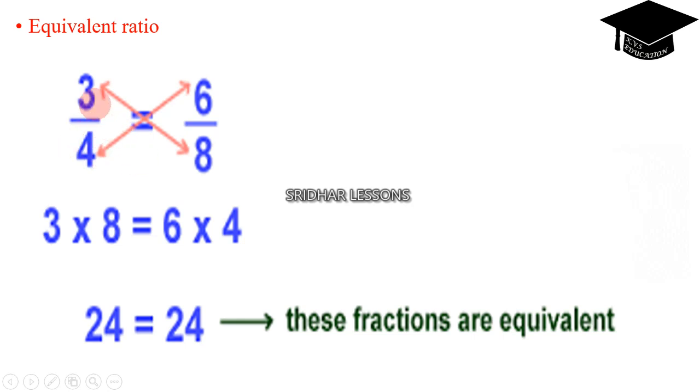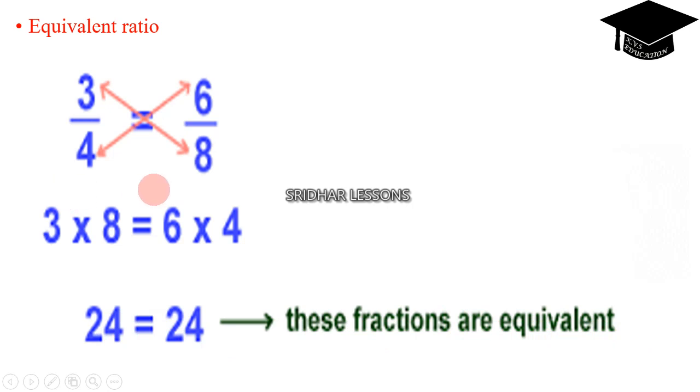Very simple. If we make a cross multiplication, that is 3 into 8 is equal to 6 into 4. So the left hand side value is equal to the right hand side, if you observe. Therefore, these fractions are said to be equivalent.